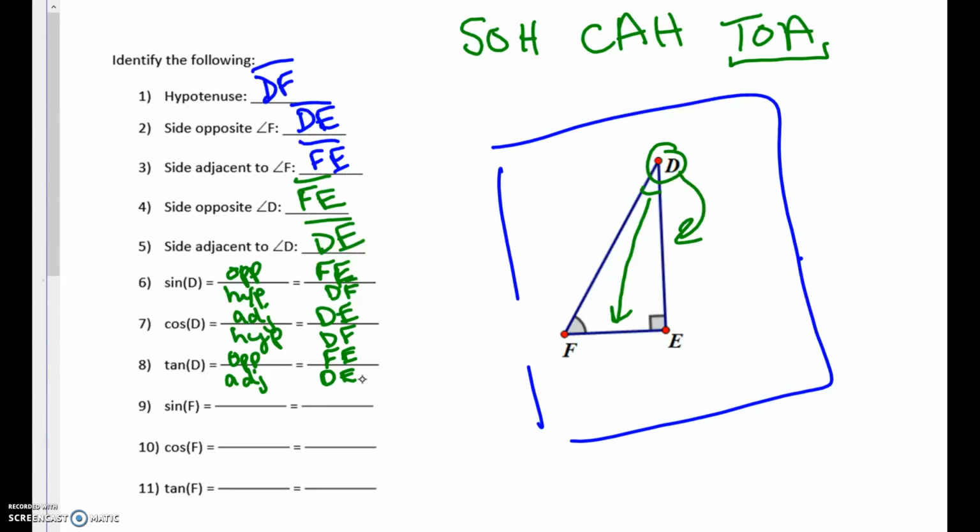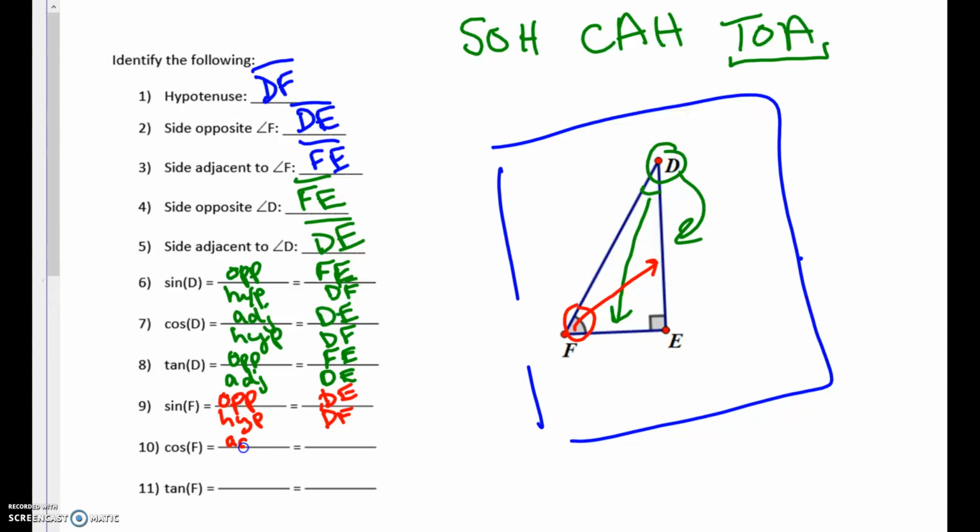Okay, now we're going to repeat all of this, but for angle F. So now I'm looking at angle F. Sine is always opposite over hypotenuse. Opposite of angle F is DE, and then hypotenuse is still DF. Notice that hypotenuse is not changing, even though I changed angles.